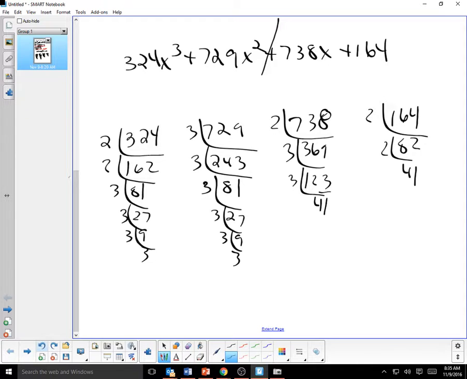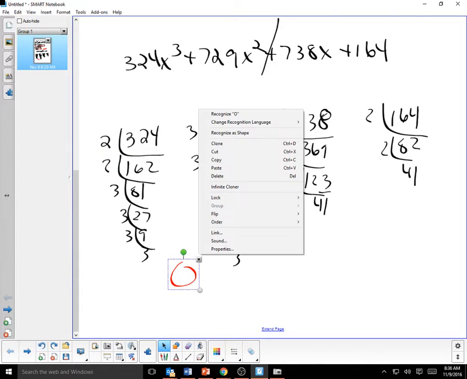So let's see here. What do they all have in common? Well, this doesn't have 2's in it, does it? But you see how the groupings work? Let's see here. So let me try to do something here with this.